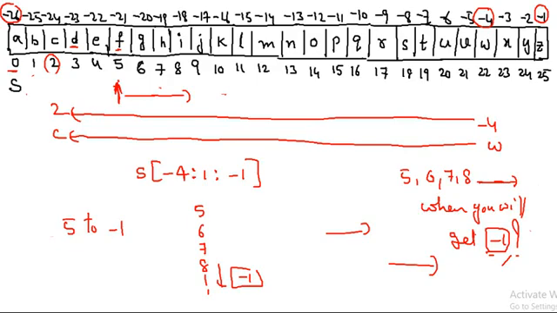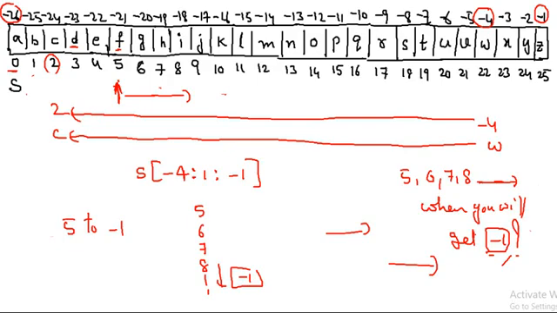So what will you get ultimately? You will not get anything. If it is a valid slice, you will get output. If the begin index, end index, and your step value are not valid, then you will not get any output. You will simply get an empty string.